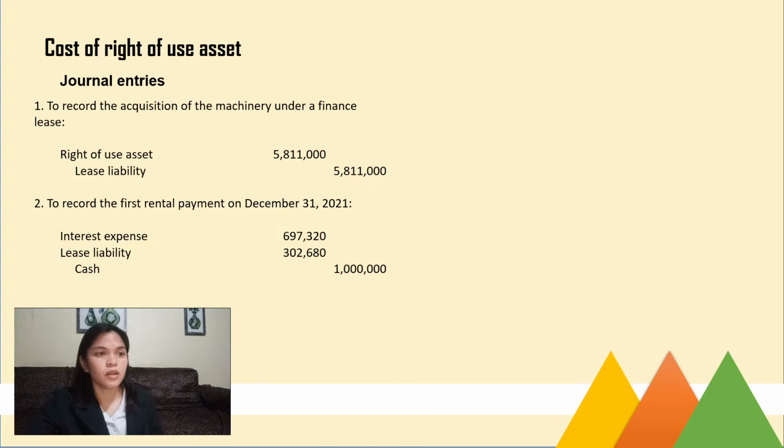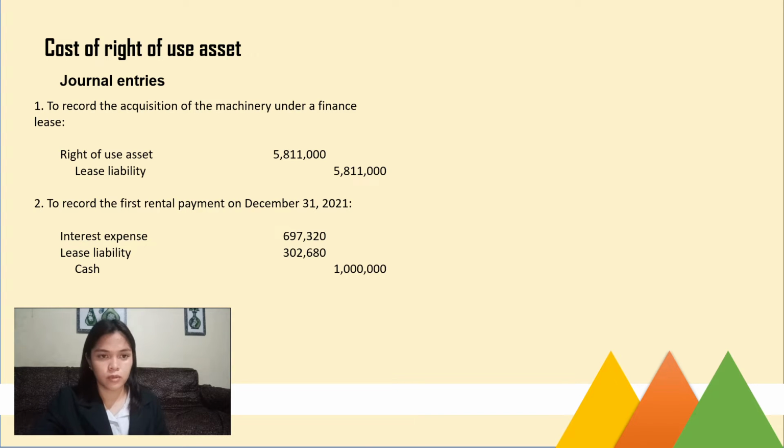Then, we debit lease liability amounting to 302,680 na nakuha natin from subtracting the payment on December 31, 2021 na 1 million by the interest for 2021 na 697,320. Then, we credit cash amounting to 1 million.